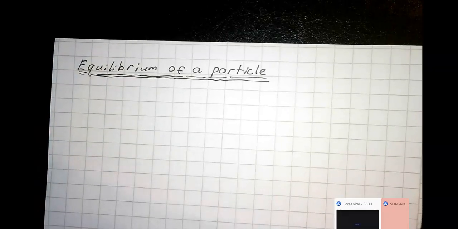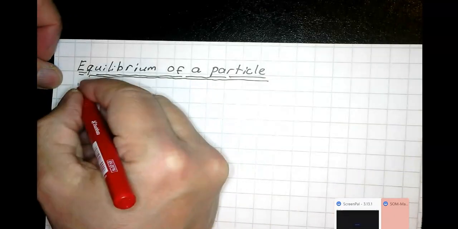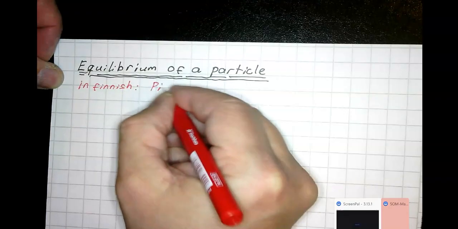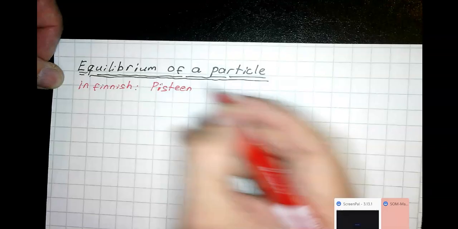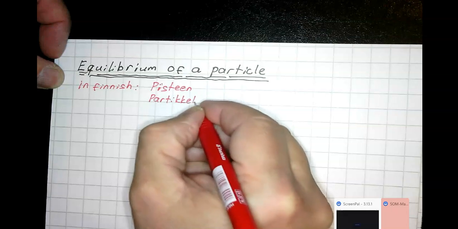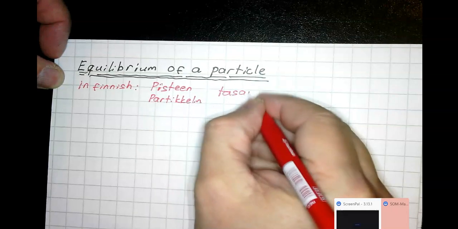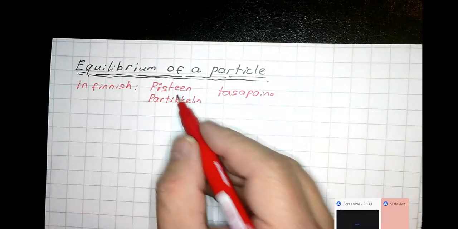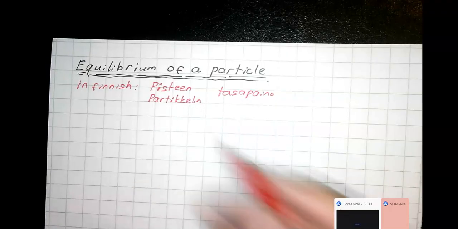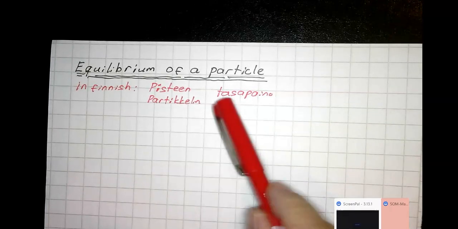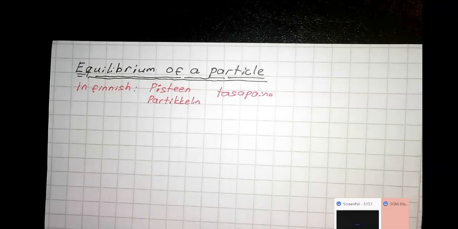We may call that in Finnish pisteen or partikkelin tasapaino. Piste actually means a point, and partikkeli is the Finnish version of the word particle, and tasapaino is the equilibrium.